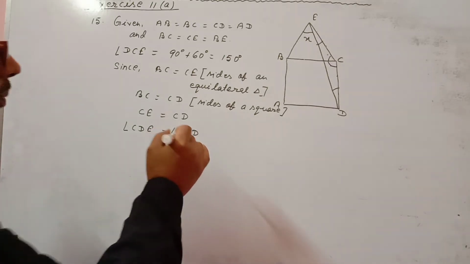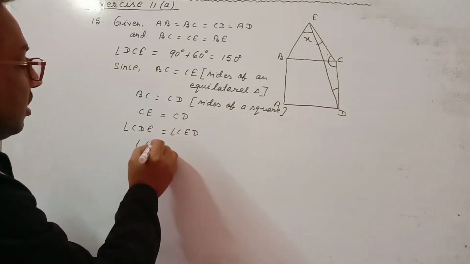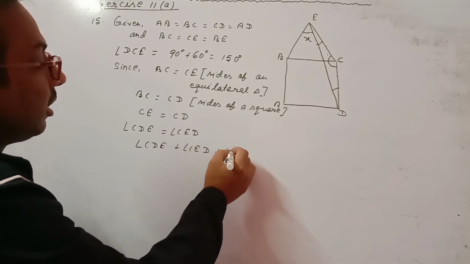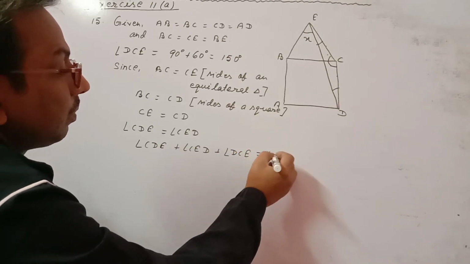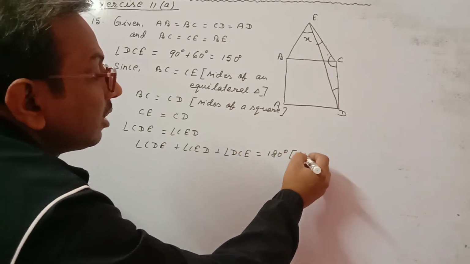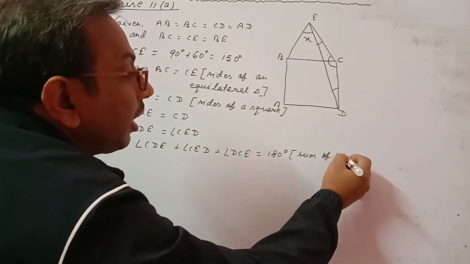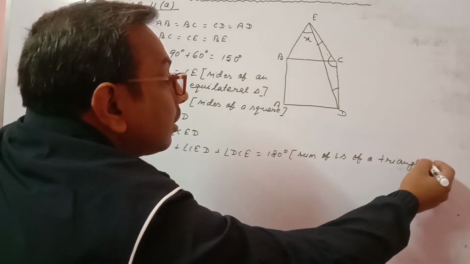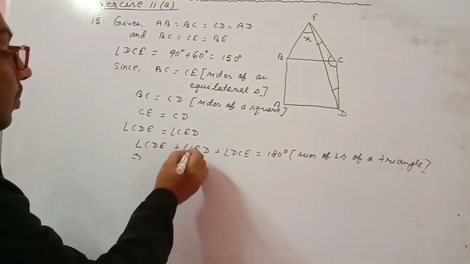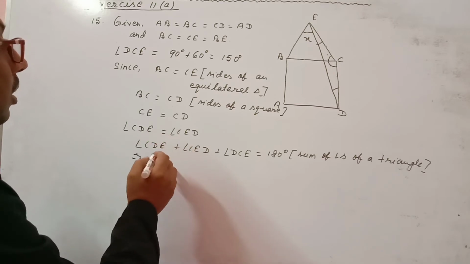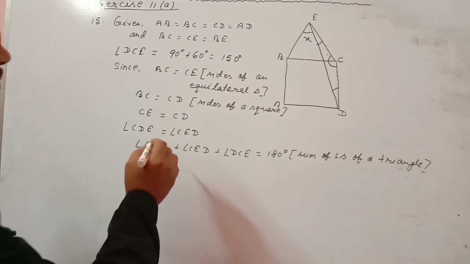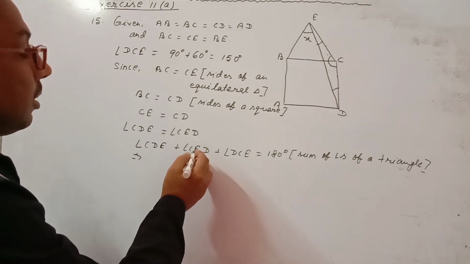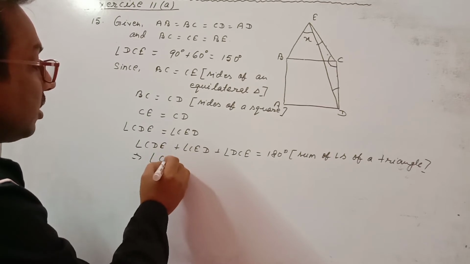Okay, now we write angle CDE plus angle CED plus angle DCE equal to 180 degree, that is the sum of angles of a triangle. Now these two are equal, so CDE we can replace by CED.